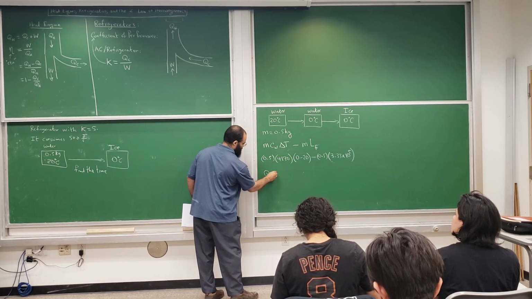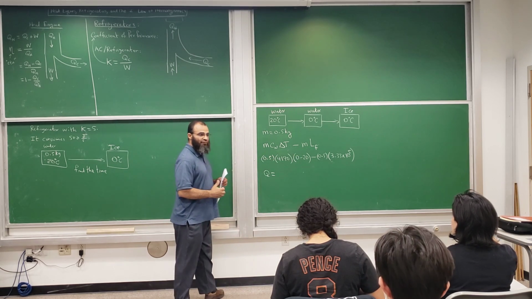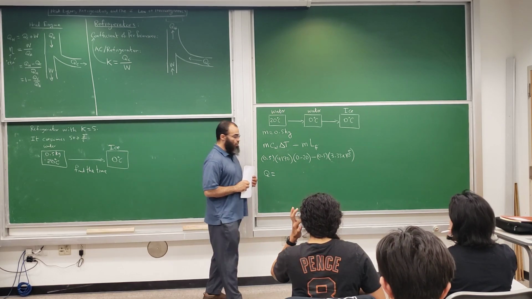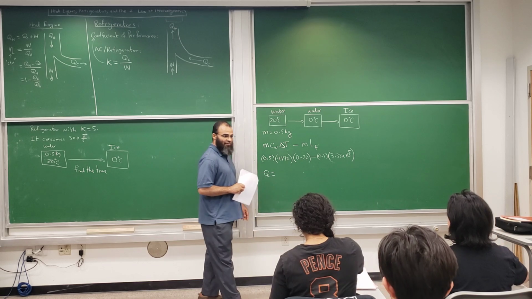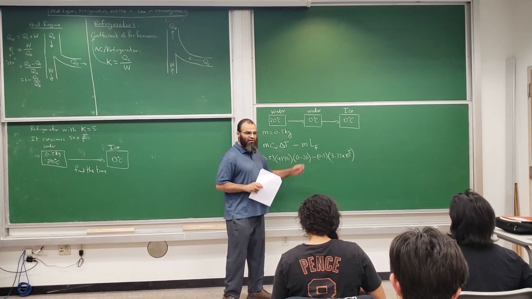So we get our Q. We add these. So 0 minus 20 will be negative. This one we have to add because there is no temperature here.